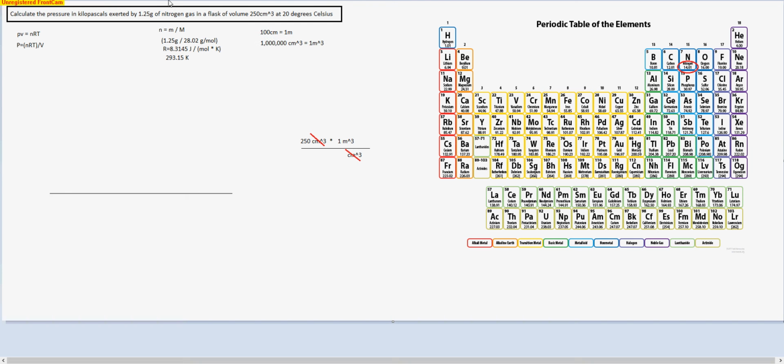And so we will take 1 million and put it down here in the denominator. And so here is our equation to get the volume in meters.